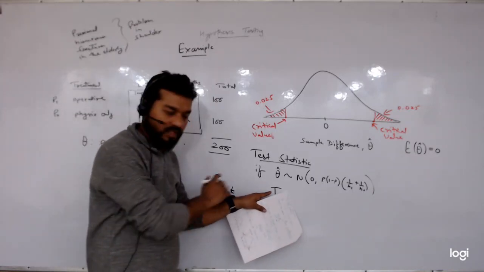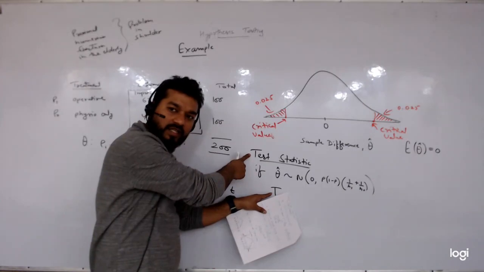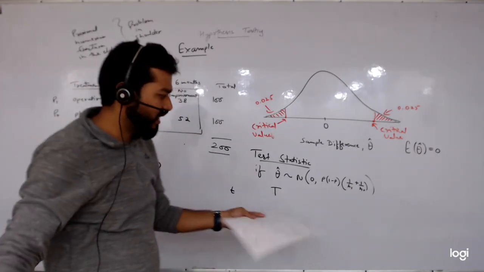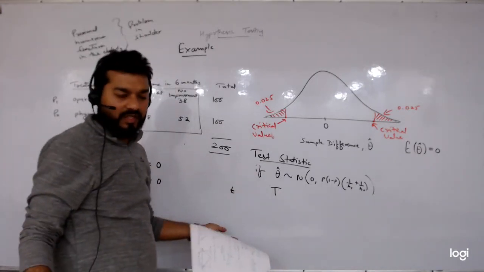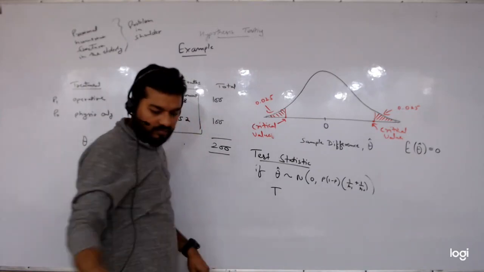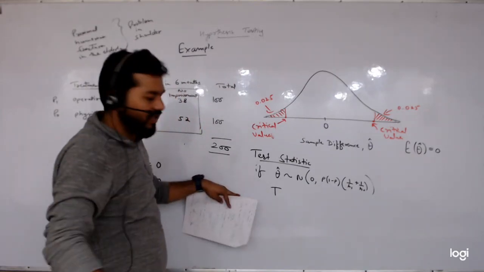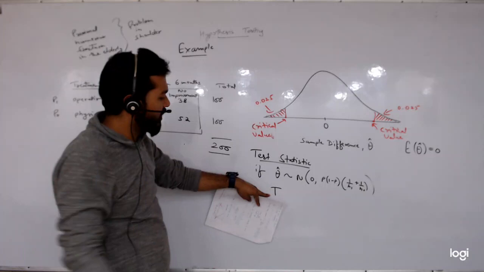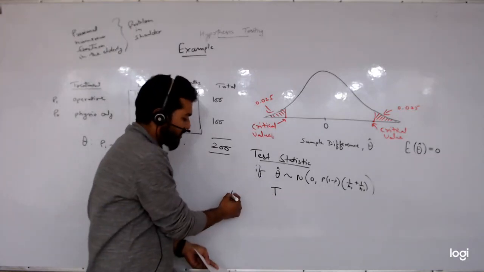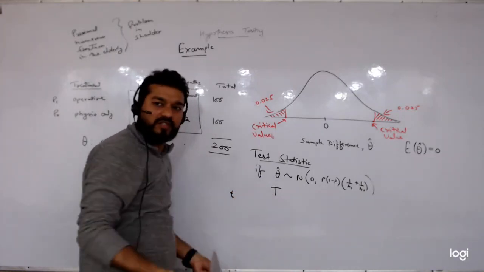This t is only for test statistic. Okay, you might as well use any other notation for that. The difference between capital and smaller would be, smaller would say that it is the actual calculated value and the capital is for distribution.